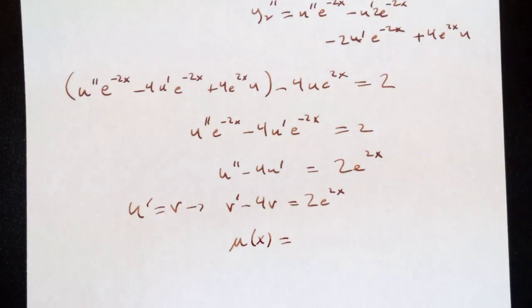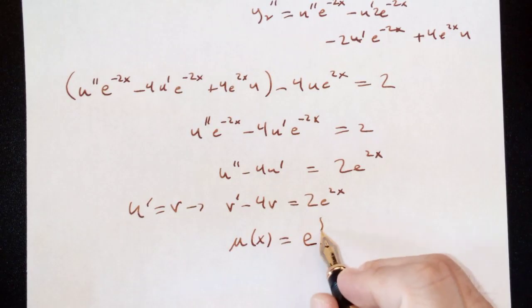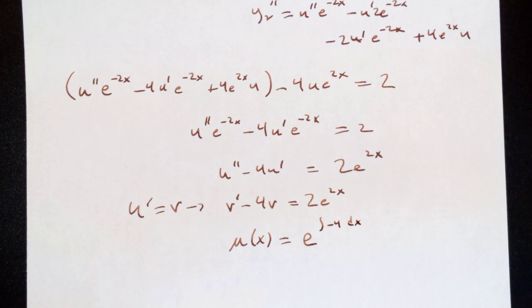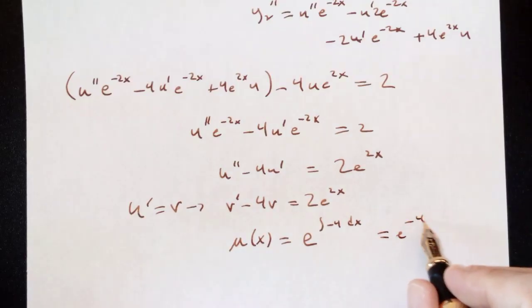My integrating factor, mu of x. Well, there's my p of x, the -4, so I integrate that, and I get e to the minus 4x.